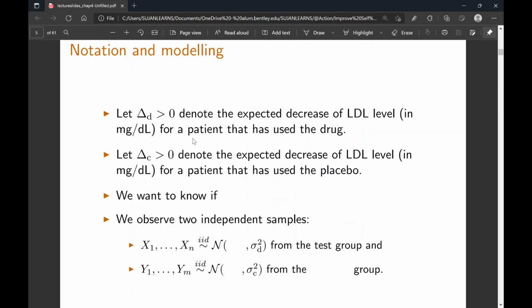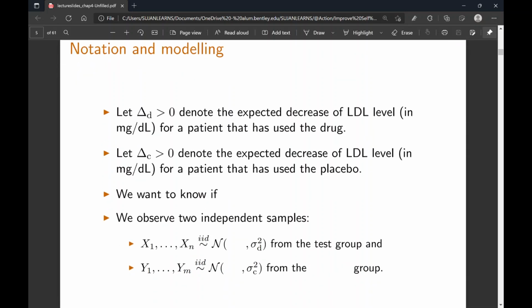I'm continuing to the next slide. It is called notation and modeling. In this slide, we'll talk about some notation that will be used in our test. The first notation is delta D. What is delta D? Delta D is the expected decrease of LDL for a patient that has used the drug.